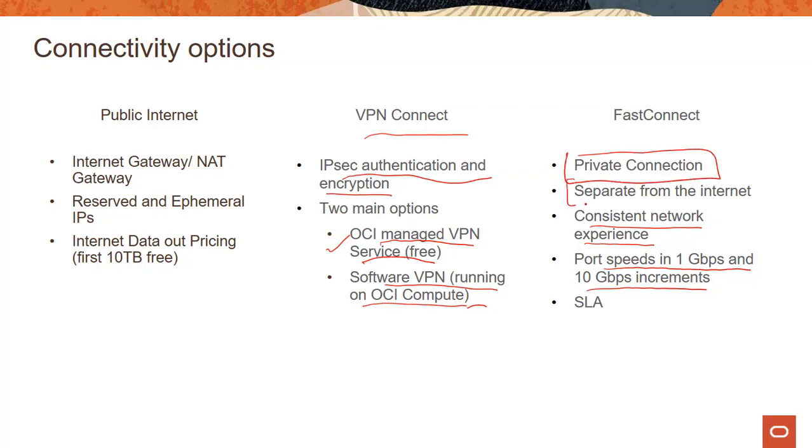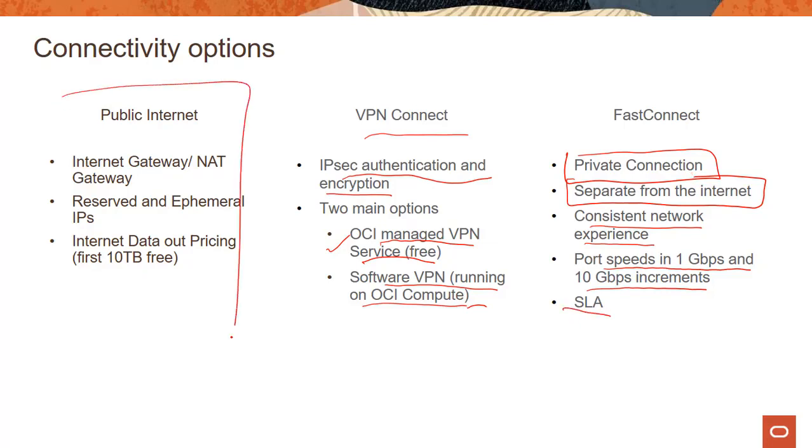So think about this as you having your own high occupancy vehicle lane in the internet. So your traffic doesn't go through the internet, you get your own private dedicated connectivity. That's number one. And then number two, like I said, the name specifies you get really fast, consistent performance. So you can go 10 Gbps and even higher if you want. And then, of course, there's an SLA around that.